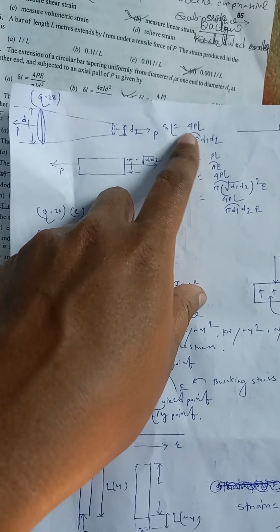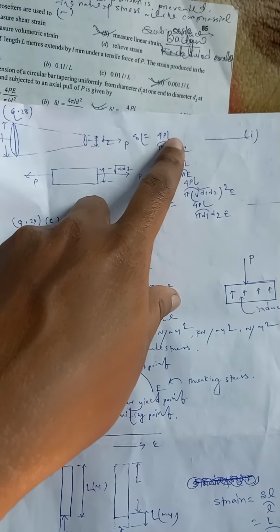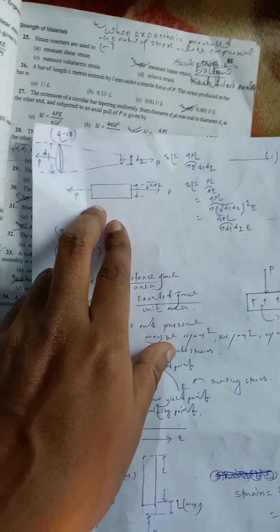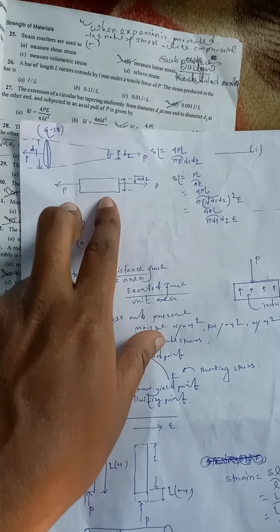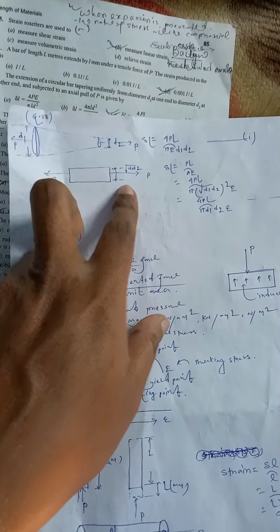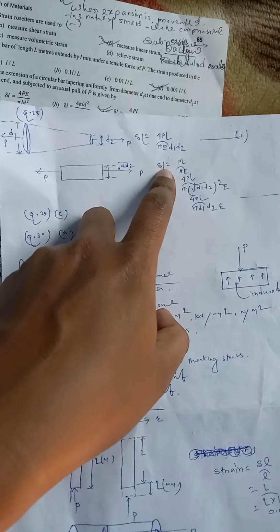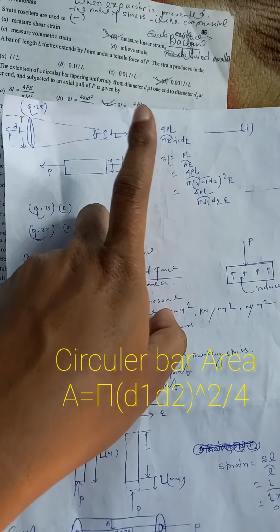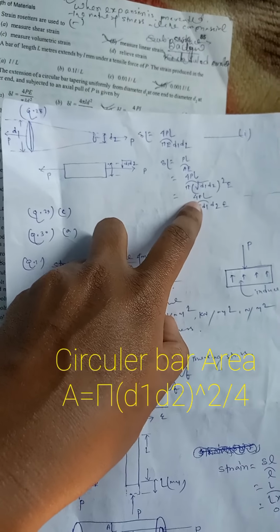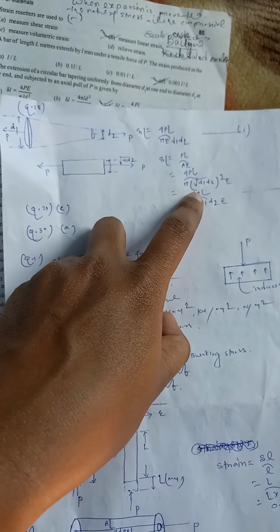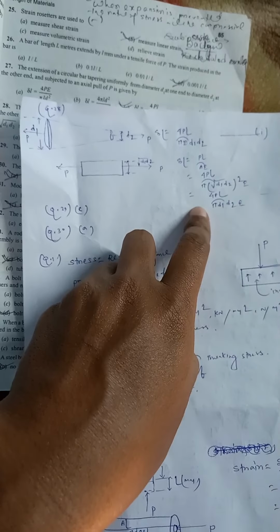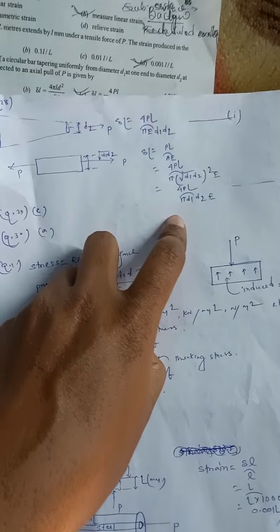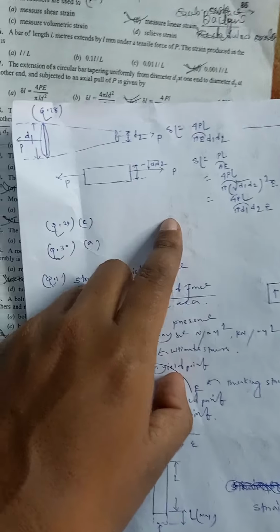So change in length for the tapering section, we know del L equal to 4PL divided by pi E D1 into D2. And if we calculate the change in length for the circular bar of diameter root over D1 D2, del L will be equal to PL by AE, which will be equal to 4PL divided by pi into root over D1 D2 whole square into E. Which will also be equal to 4PL by pi D1 D2 E. So both will be equal.